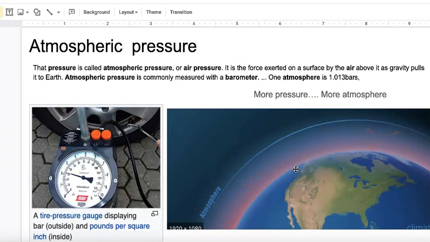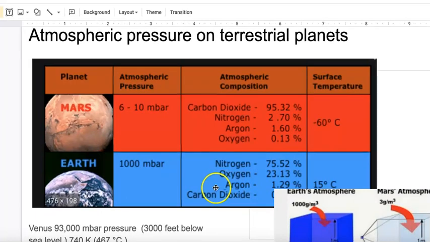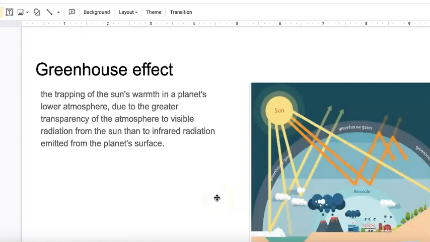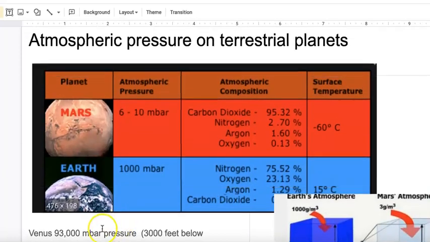Thicker atmospheres can have more of a greenhouse effect, and thinner atmospheres have less. Thicker atmospheres have more atmospheric pressure. We measure that in millibars or bars, and Venus has 93 bars, or 93,000 millibars.